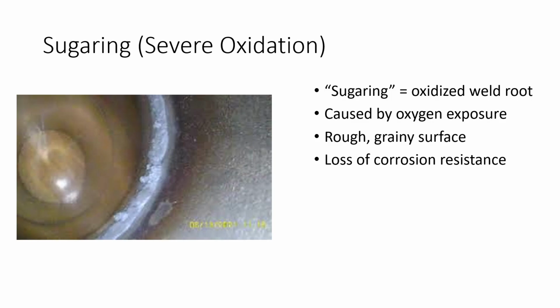They will interact with liquid weld metal and severely impair or damage the mechanical properties of that weld metal for us. It's going to give us a rough and nasty, grainy looking surface. And the worst part about this is we're going to lose corrosion resistance. The whole idea behind stainless steel is, it's pretty and whatnot, but corrosion resistance is the reason we have that material there.